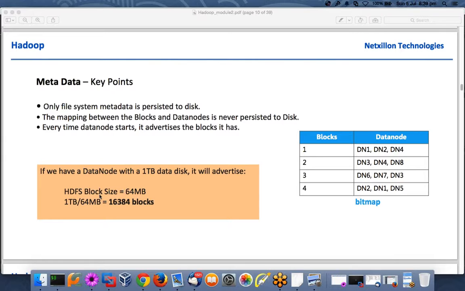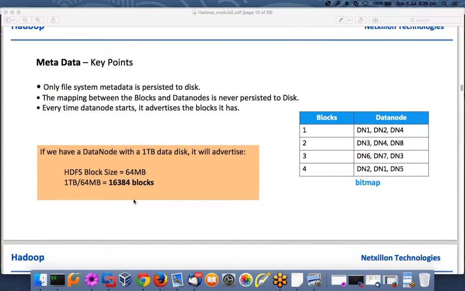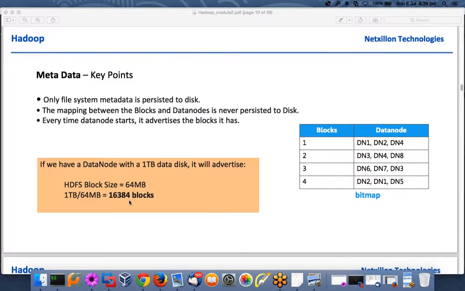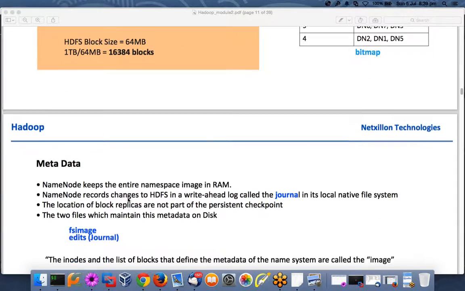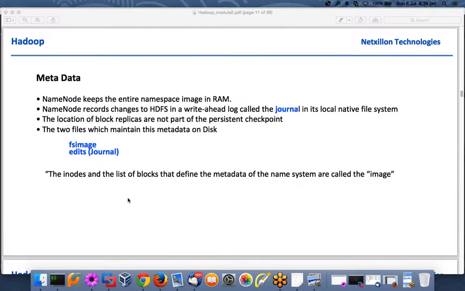So it will have this many blocks. So this many blocks will be advertised to the name node. So the name node will know data node 1 has capacity 1 TB and it has this many blocks. Now, name node keeps the entire metadata namespace.